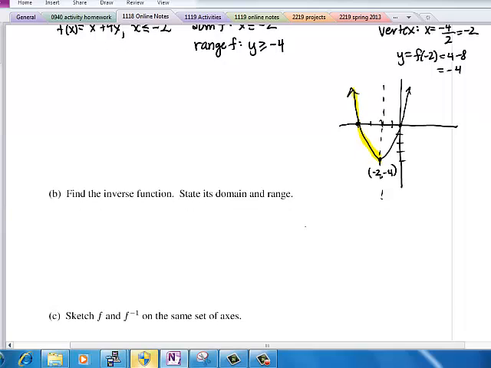Now we're asked to find the inverse function. So the original is f of x, or let's write it as y equals x squared plus 4x. The implicit inverse is x equals y squared plus 4y.